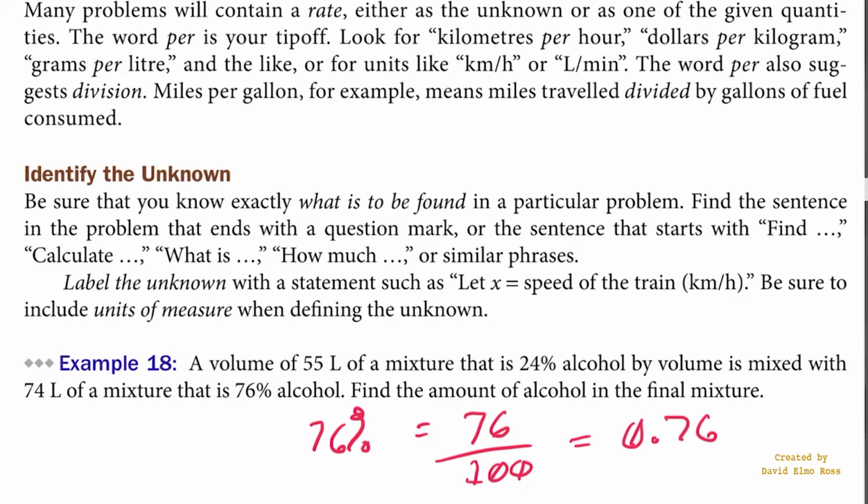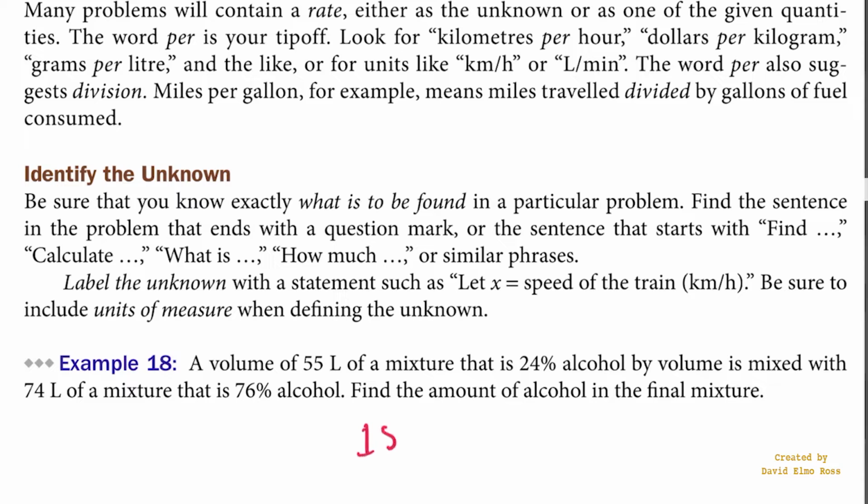So as long as the number is less than 100, the result is going to be less than 1. Or sometimes it'll say there was 150% profit, which means 150 over 100, which is equal to 1.5. So percentages less than 100 will be point something.